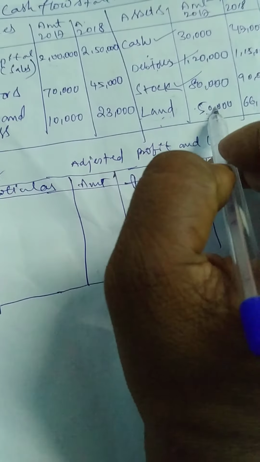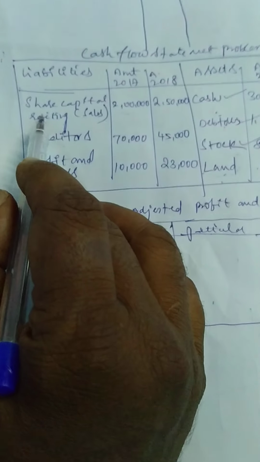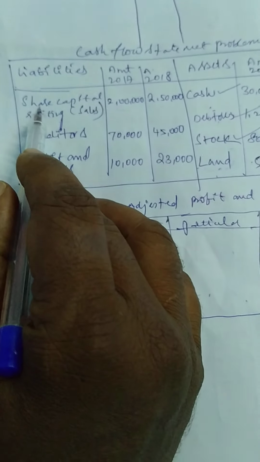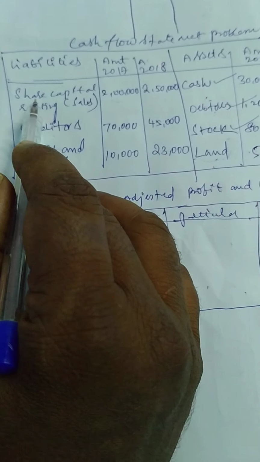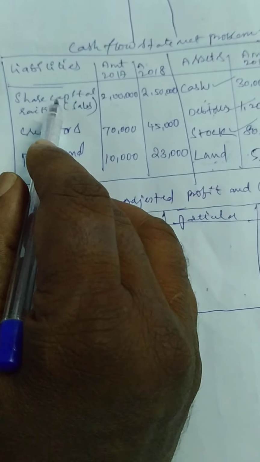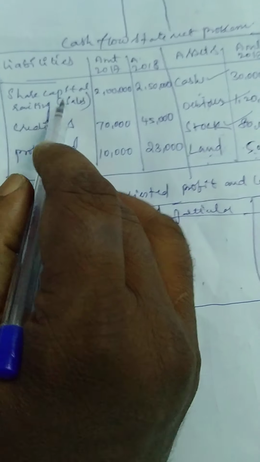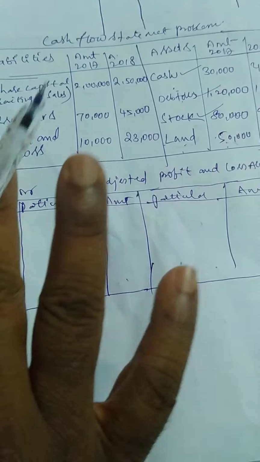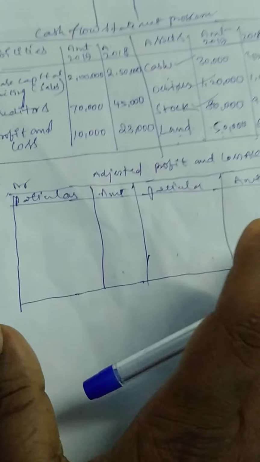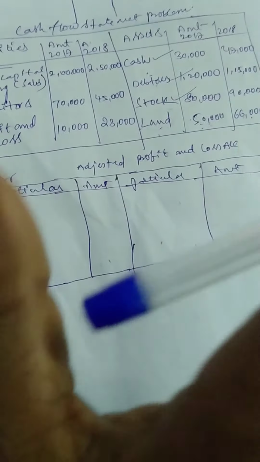So that is an increase. When shares go outside, cash comes in, but the cash equivalent of assets goes outside. That's why we consider it a decrease. So don't confuse sales: sales means decrease, and purchase means increase of cash or cash equivalent asset.